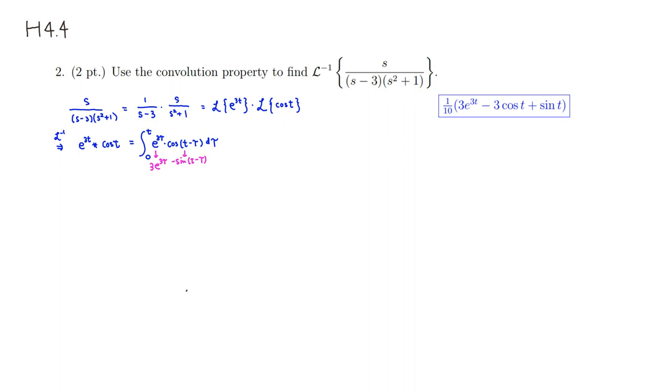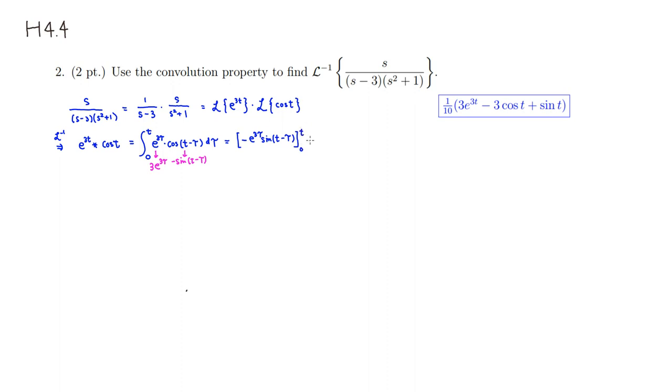By integration by parts, we multiply those two, so it's going to be negative e to the 3 tau sine of t minus tau, going from 0 to t.